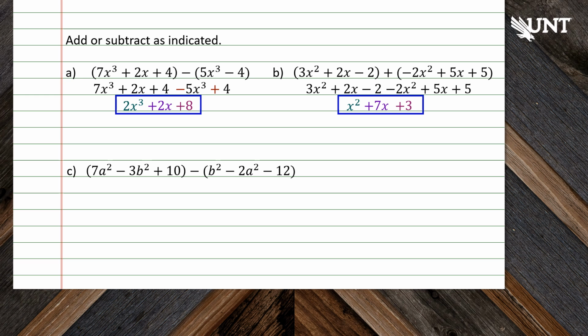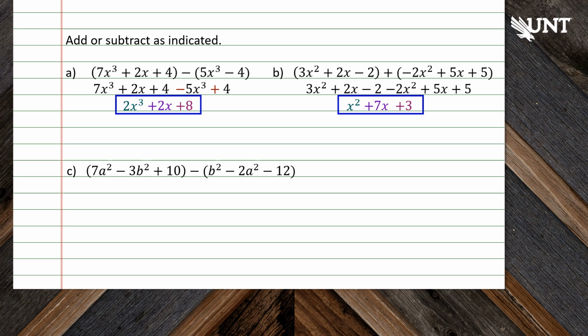Like the previous problems, GEMS is still running in the background, so we look inside the grouping. Can we simplify? No. So we move to the next level of exponents. Can we evaluate any exponents? No. So we move on to multiplication division.